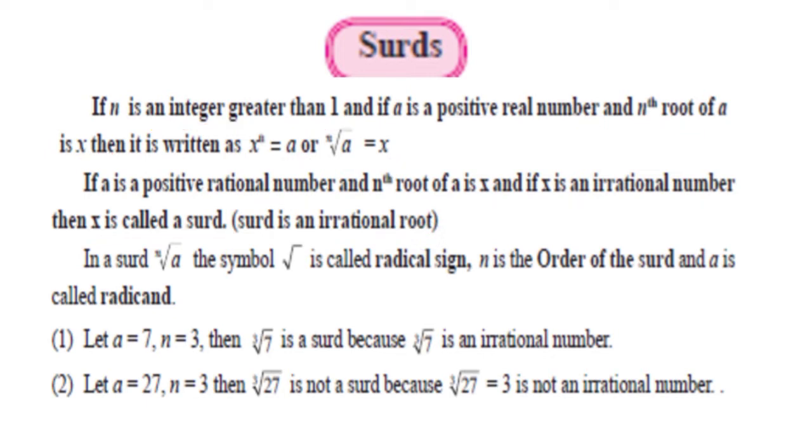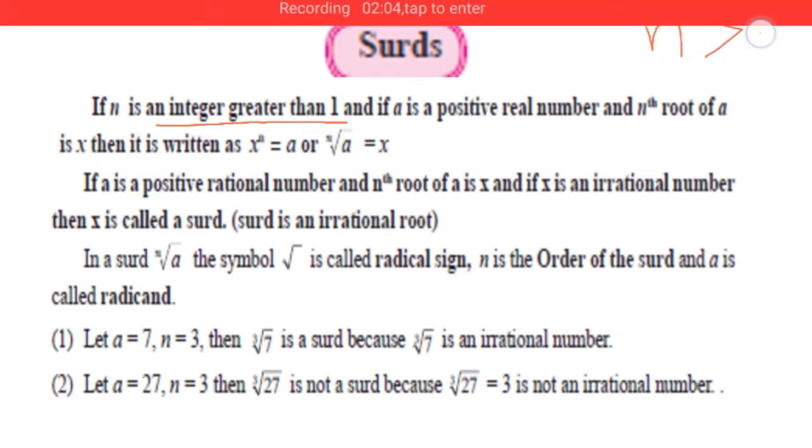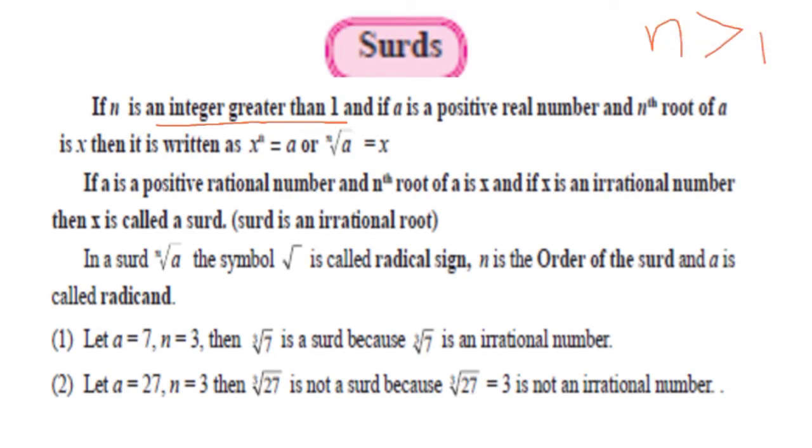Listen carefully. If n is an integer greater than 1, means value of n is always greater than 1. If a is a positive real number and nth root of a is x, then it is written as x raised to n is equal to a, or nth root of a is equal to x.